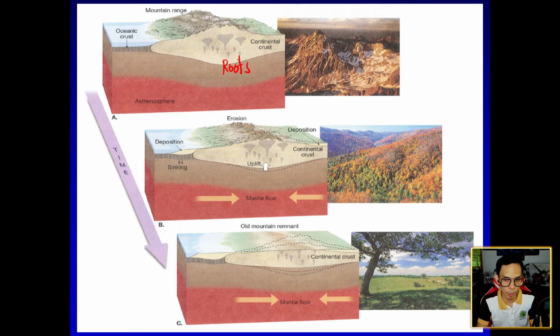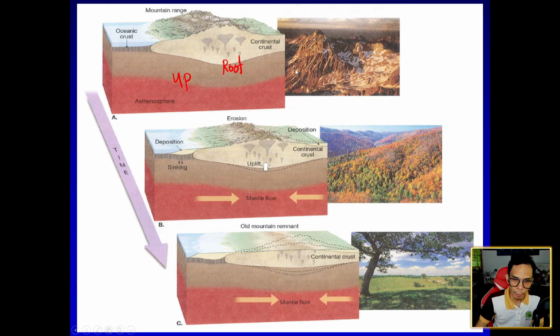As I've said, the higher the mountain, the deeper the root system that the mountain has. Now it is submerged in the upper mantle. So this is the upper mantle, and because of isostasy, the crust is floating above the upper mantle.